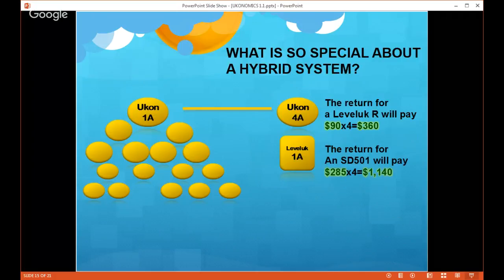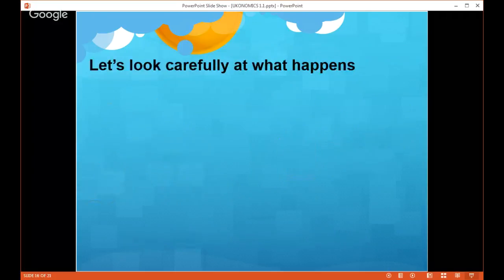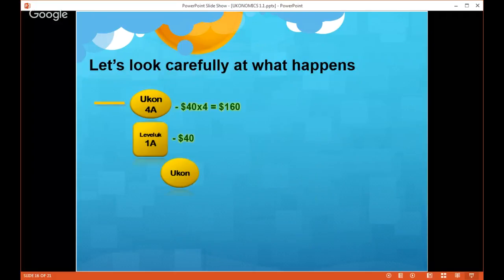And then you level a car, right? You'll get paid 1 point. So the 1 point is 1 times $40. So essentially, what essentially happens, let's show you here, 40 plus 160.